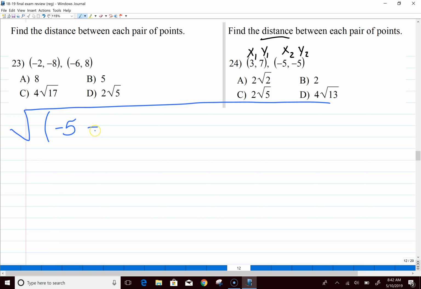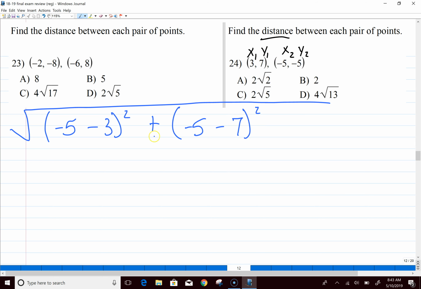Minus, has to be a minus, that's what the formula says. x1 is 3. Then squared, the formula says plus, this is going to be y2. y2 is negative 5. Minus sign because the formula says so. Then y1. y1 is 7.